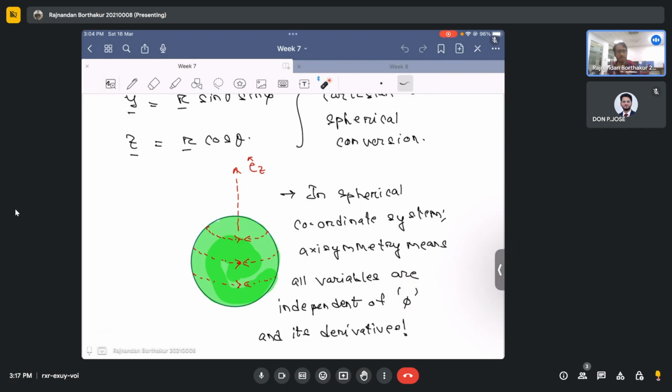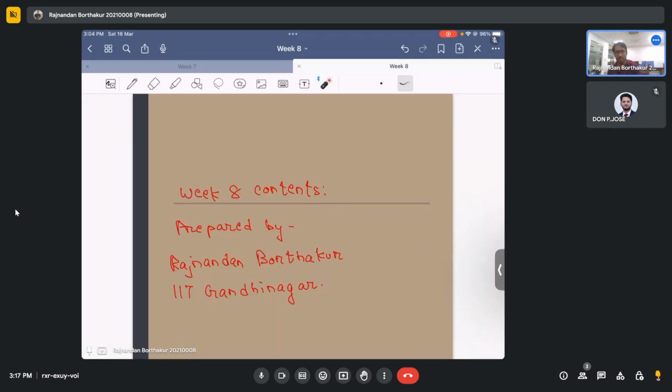So if we're speaking about axisymmetry in spherical systems, this means that if u is a variable, it will just be a function of r and the polar angle theta, as we will see. So we will use this axisymmetric principle in the spherical coordinate system today.